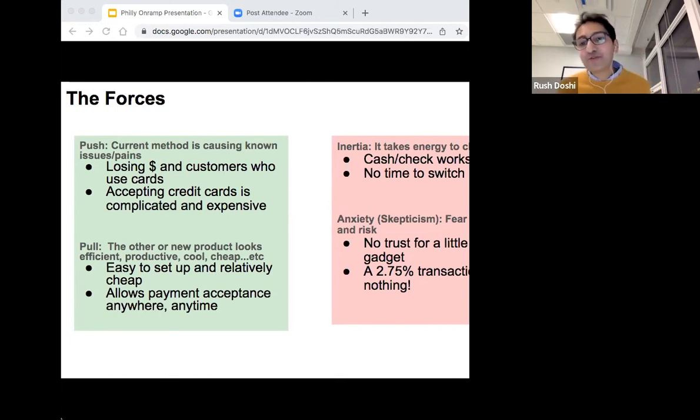I don't have the time to switch. I'm a small business owner. And the other part is, hey, I don't know this, and this is new to me. The iPhone is new, and now on top of that, you're going to make me put this little thing in here to accept credit cards? Whoa. So all that was new at the time, and there was a lot these guys had to work on and overcome, including significant risks.